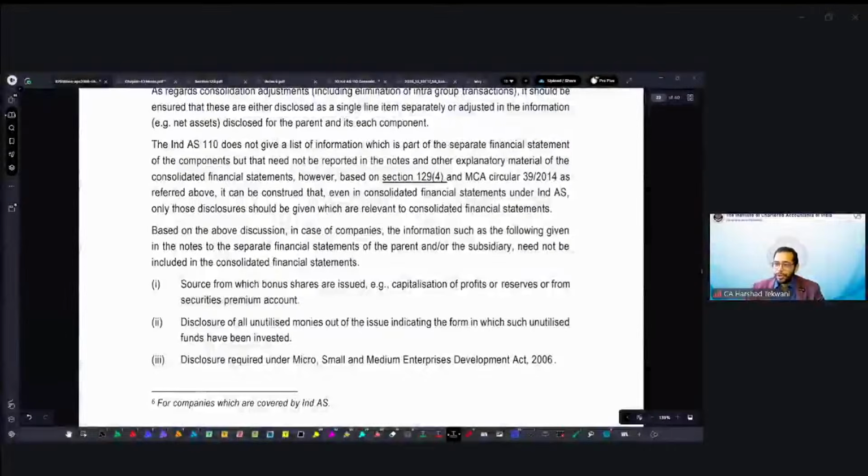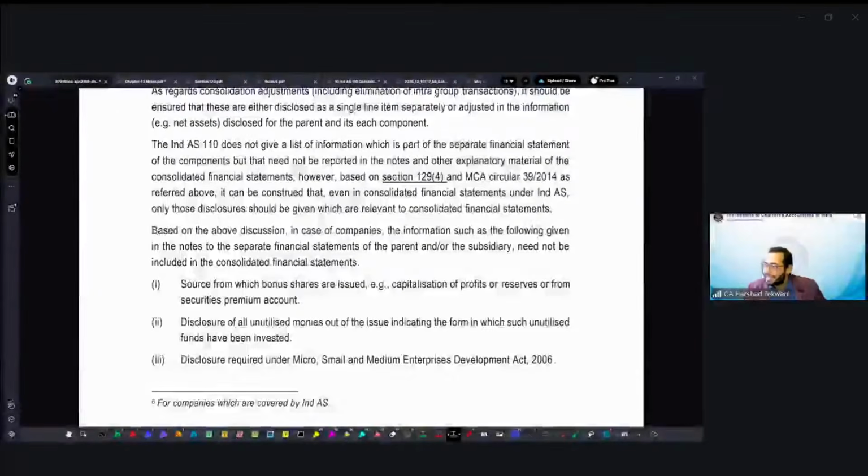But there is an MCA circular, circular 39 of 2014. This circular clarifies what you are required to do for the purpose of the consolidated financial statement.